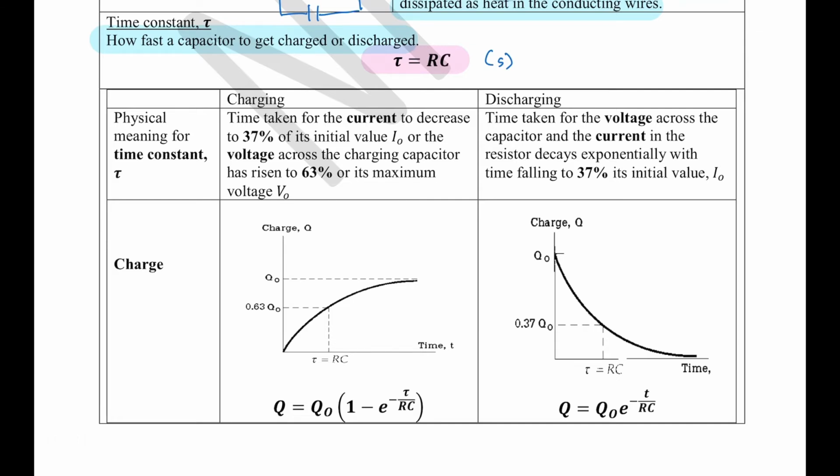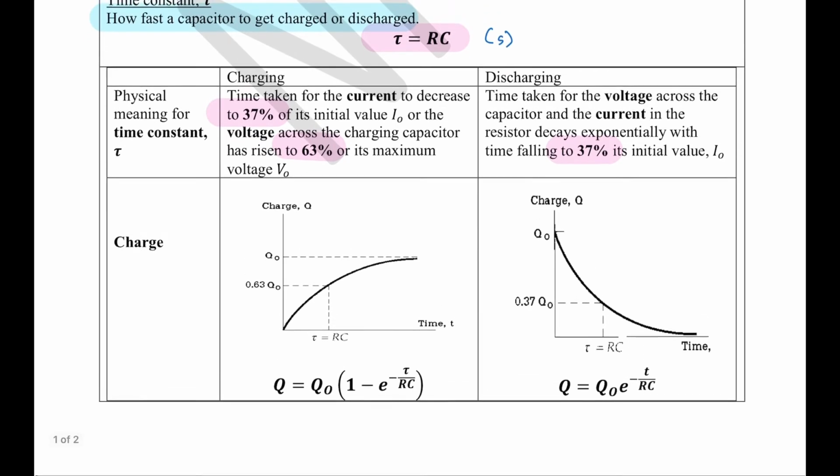So kalau tau, time constant, by definition, it's time taken for the current to decrease sebanyak 37% of initial value, ataupun dia naik, kapasitor V dia sebanyak 63% daripada maksimum. Kalau discharging, it's time taken for the voltage and the current to decay to 37% of its initial value.